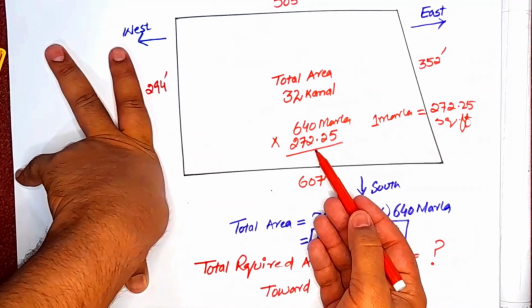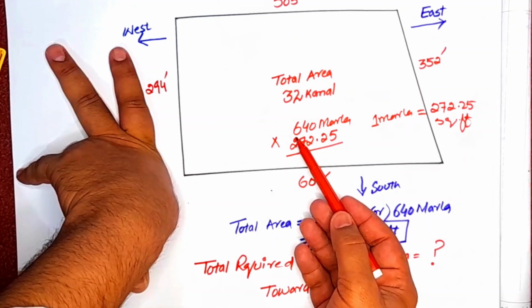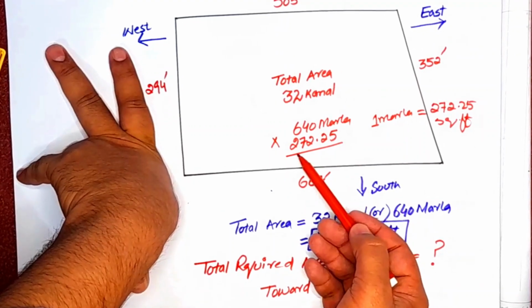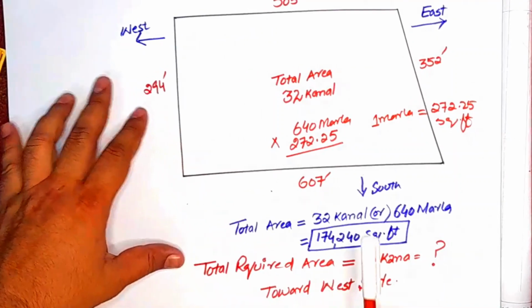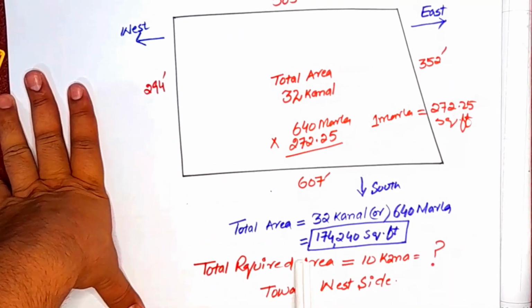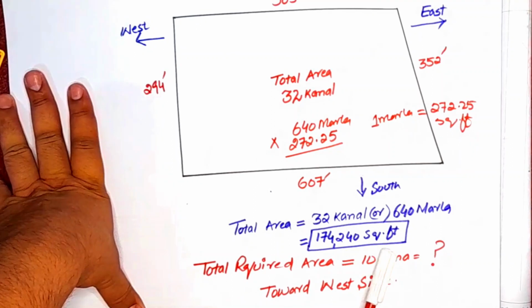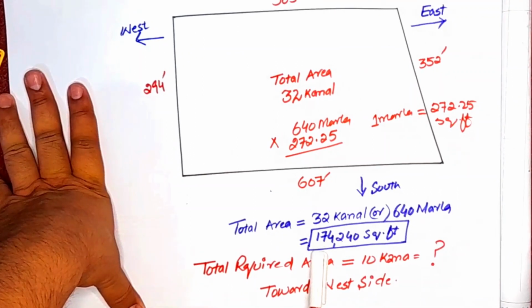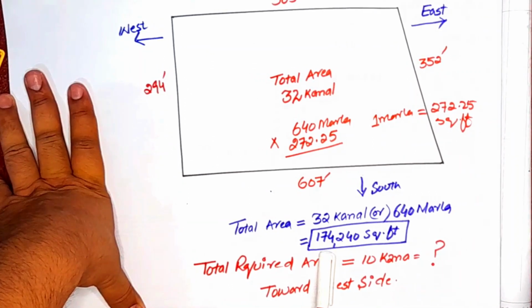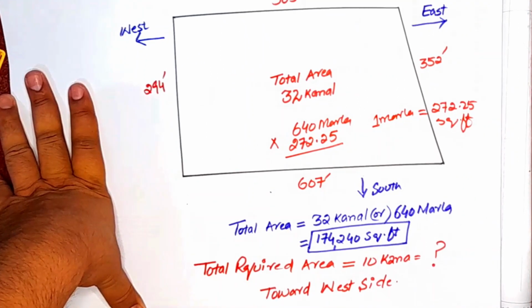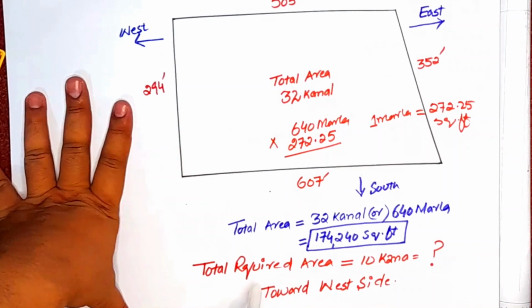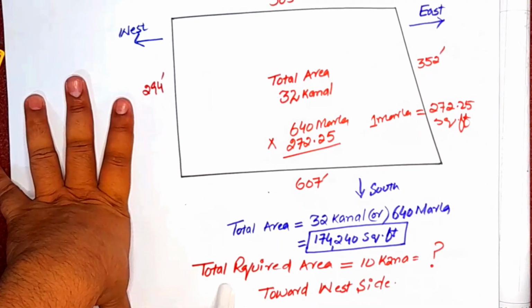So we multiply 640 marlas by 272.25 square feet, and it will become a total area of 174,240 square feet.